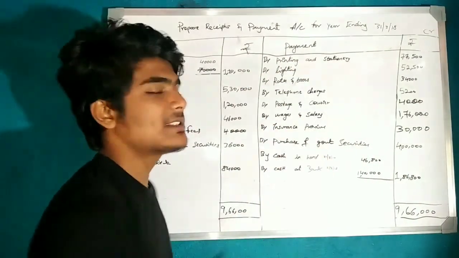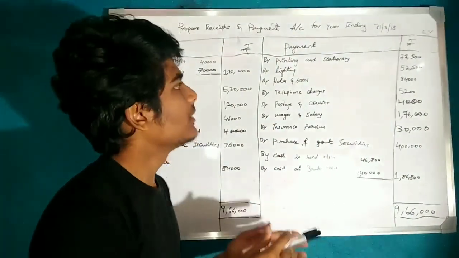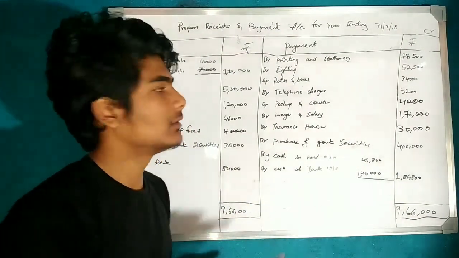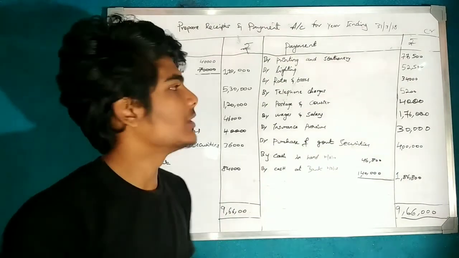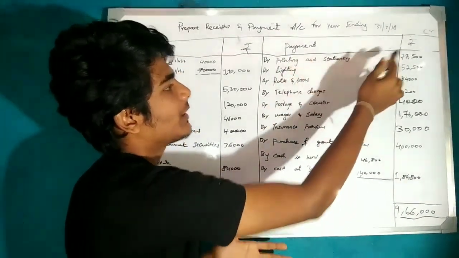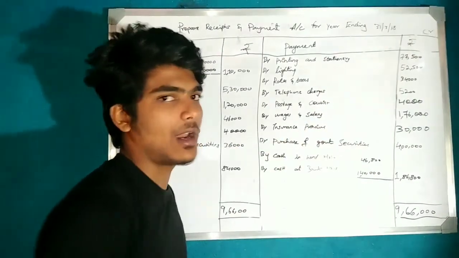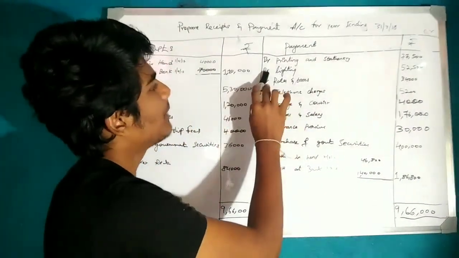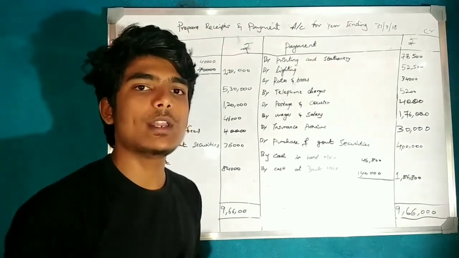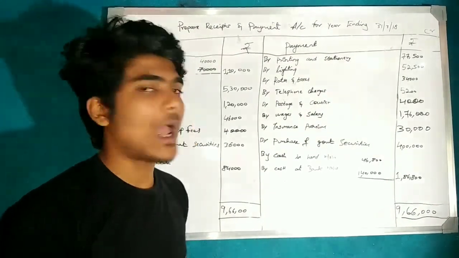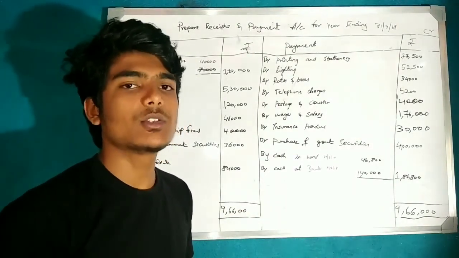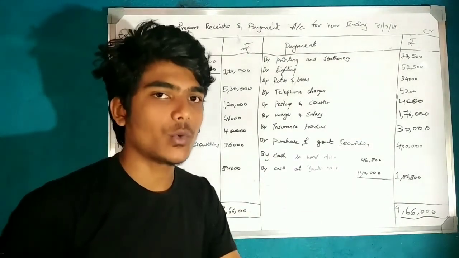Printing and stationery, it's a cash outflow, right? It's a type of expenditure, and it's a payment. The cash outflow. So it's a payment and it belongs to the credit side, is rupees 77,500. Next, by lighting. For example, if you want to install lighting, you have to pay the amount to the electricians, right? So it's a cash outflow.